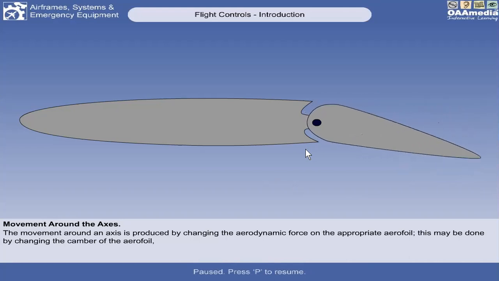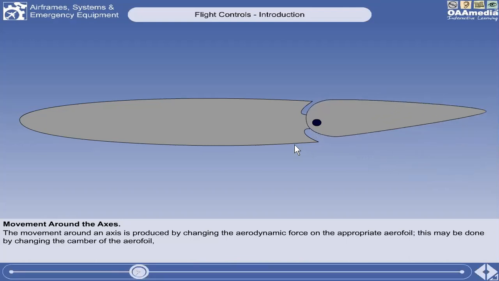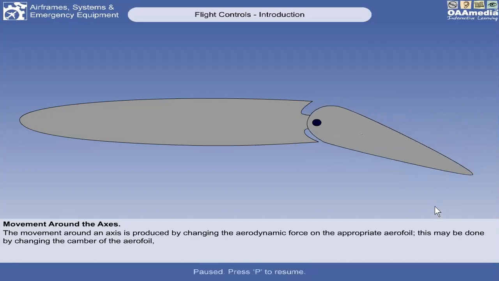First, this can be done by changing the camber of the airfoil, which we discussed earlier. We're altering the entire shape of the airfoil for us to produce a change in the aerodynamic force, therefore providing a movement around that axis. By means of deflecting a control surface, we are changing the camber of the airfoil.